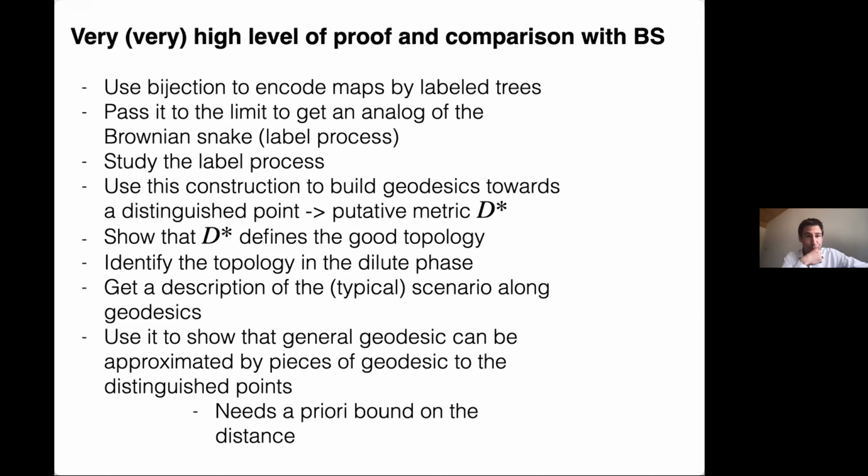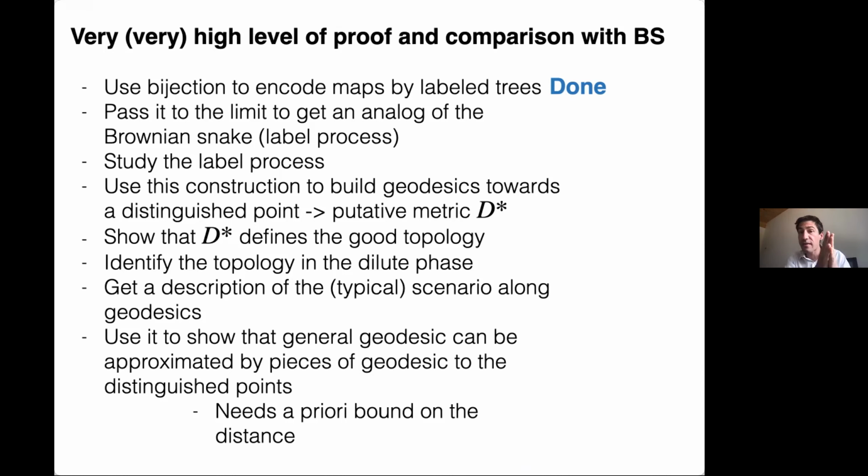So how does it go? The starting point is the same. We will use bijections, those Schaeffer, Bouttier-Di Francesco-Guitter, and so on, to encode our maps with labeled trees. That's the starting point. This has been done already in the work of Jean-François and Grégory 10 years ago.